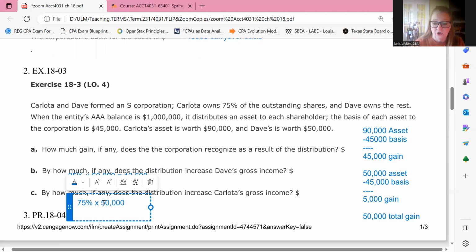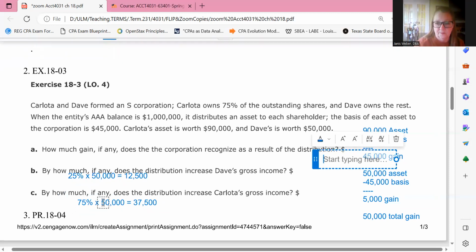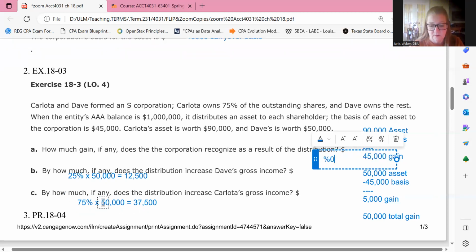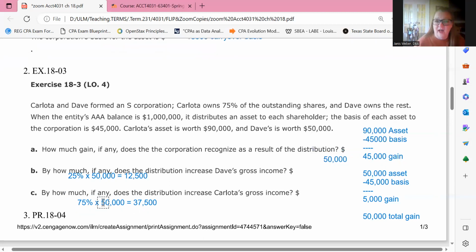So on her K-1, she would show this 37,500. The total gain would be the 50,000. So the two K-1s would show the gain of 37.5 and 12.5, and you combine them together on the Schedule K, it's going to show this 50,000.